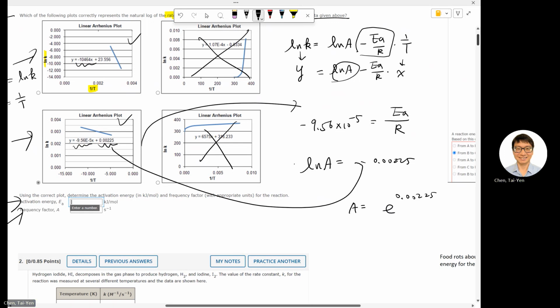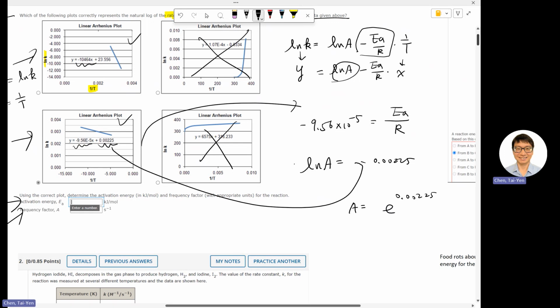All right, so recap. When you see these types of questions, pay close attention to the x-axis and the y-axis. You will see it is describing something related to your natural log k and 1 over T. Once you see these two terms, you should know that it's testing your Arrhenius equation.